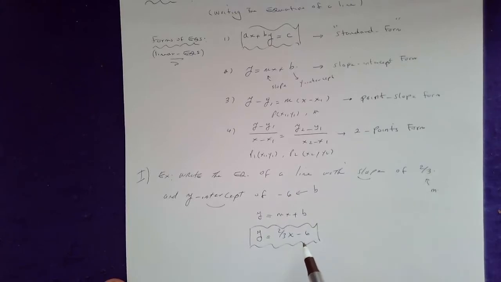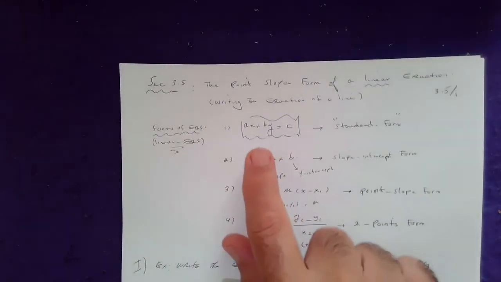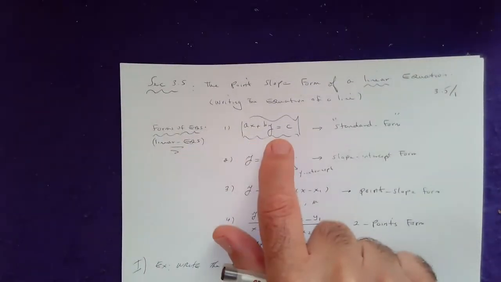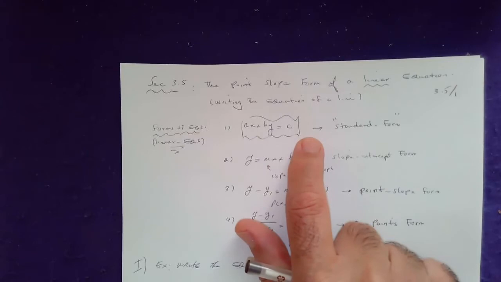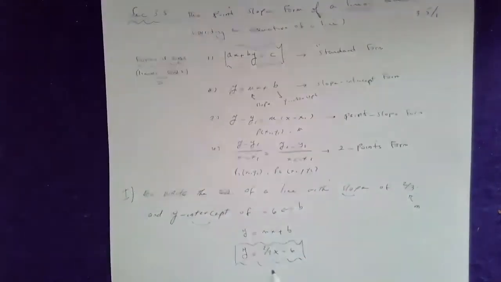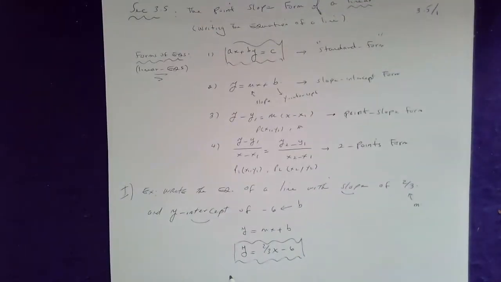You could also write this answer in standard form. Remember what the standard form is: the x and y have to be on one side and the number on the other side. First, I multiply both sides by 3 to clean up the fraction, correct?